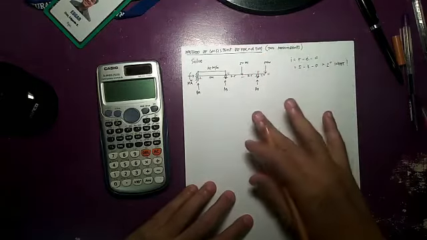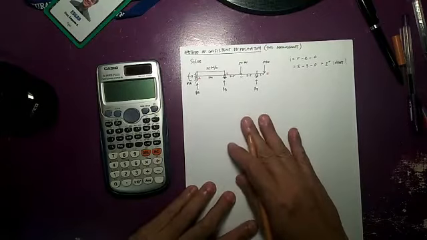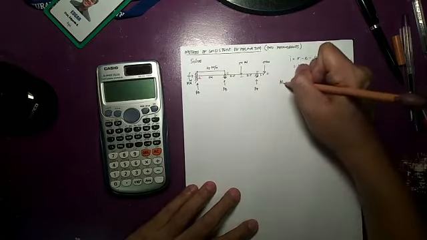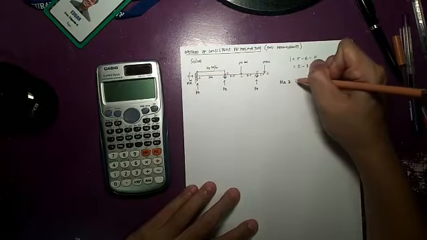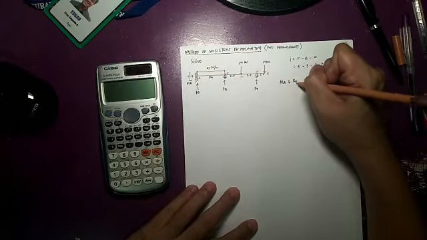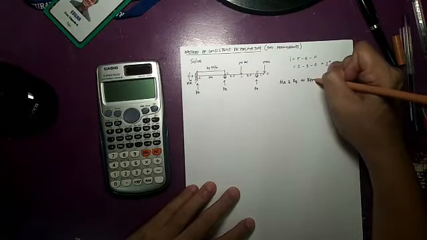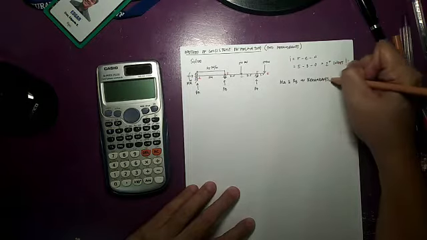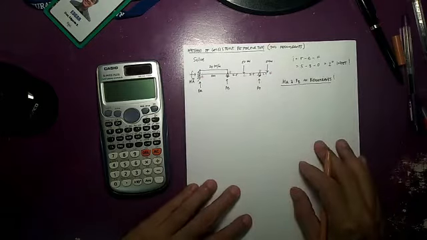We can choose two of these reactions to be redundant. For my solution, I'll be considering MA and, say, RB as my redundants.